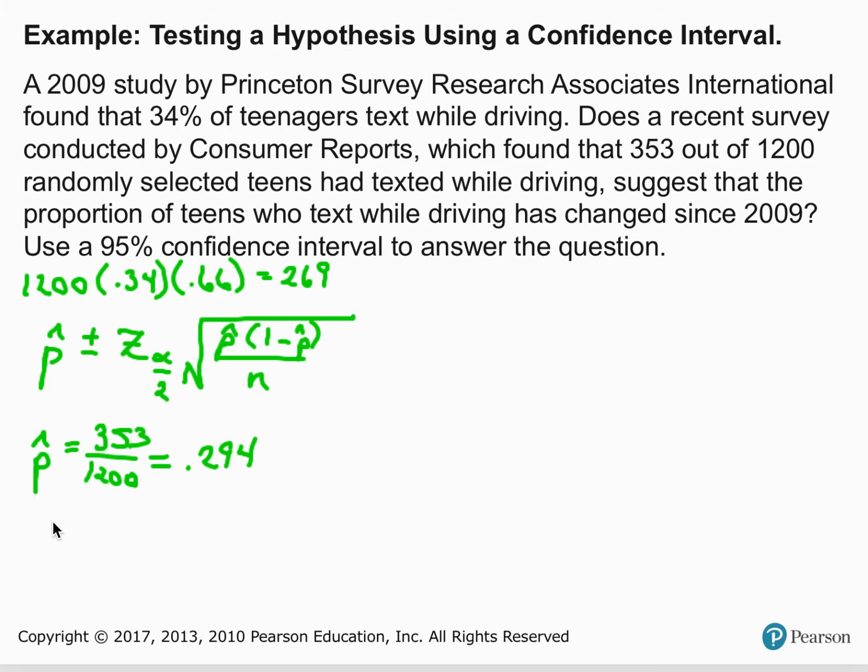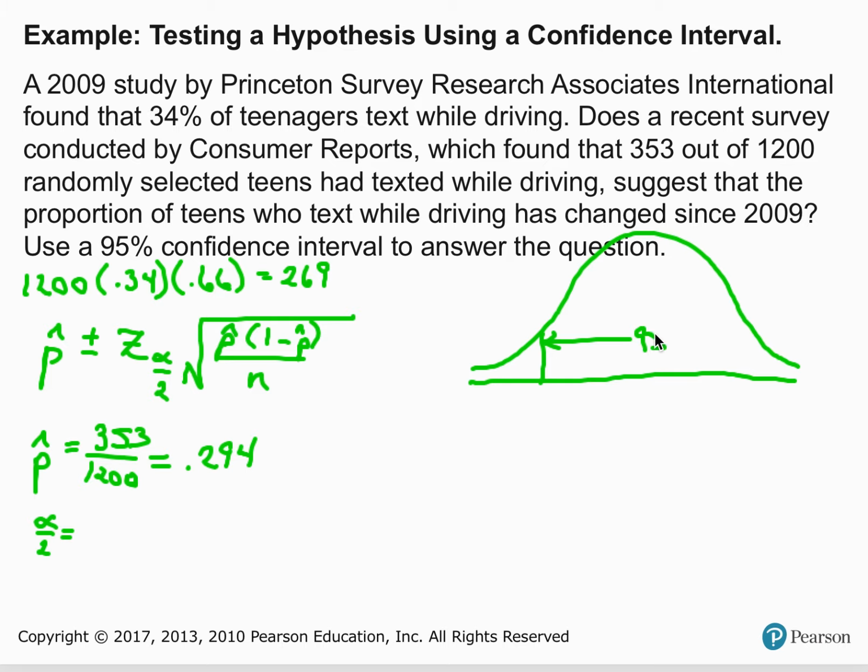Okay, now alpha over 2. Since we want a 95% confidence interval, let's think about what that means again. That means we want this interval where that's 95%.